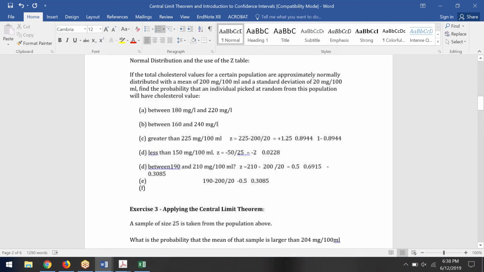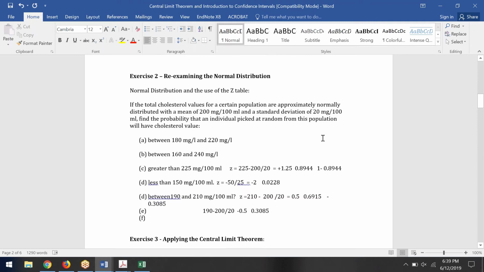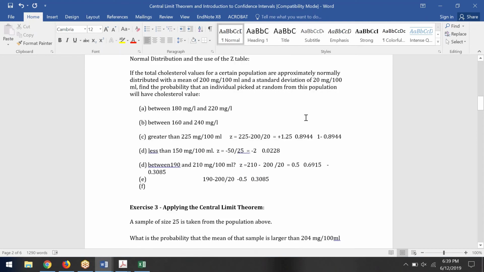What do we know about that population again? We know that the mean is equal to 200. That's mu, the population mean. And the standard deviation we refer to as sigma. We mentioned these were population parameters: mu is 200 and sigma is 20.